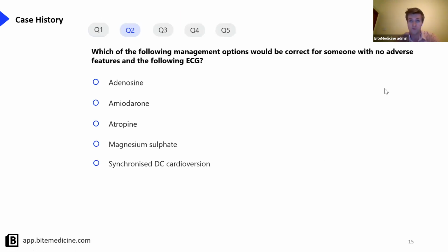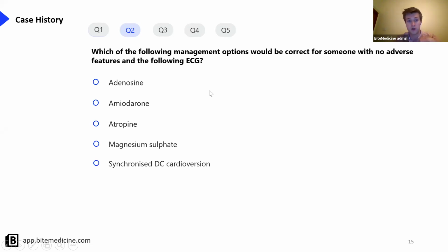So I hope that the format worked for question one, where we saw the ECG. Same question again, or very similar. Which of the following management options would be correct for someone with no adverse features and the following ECG?